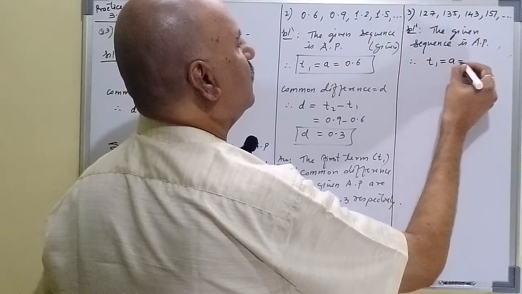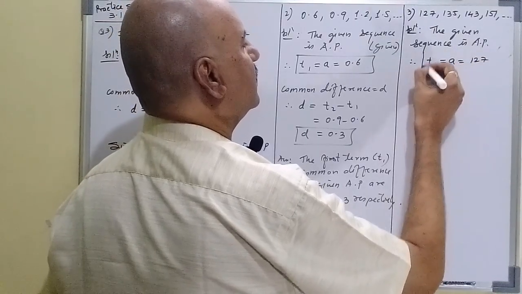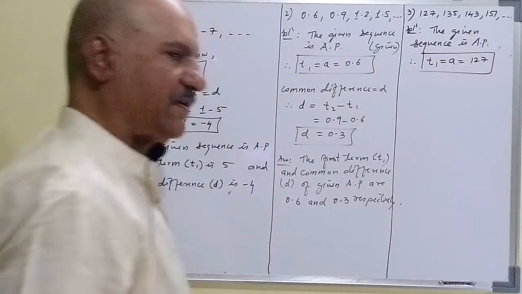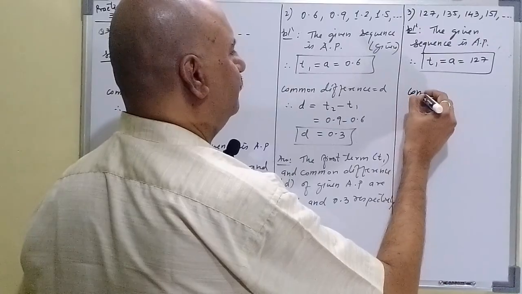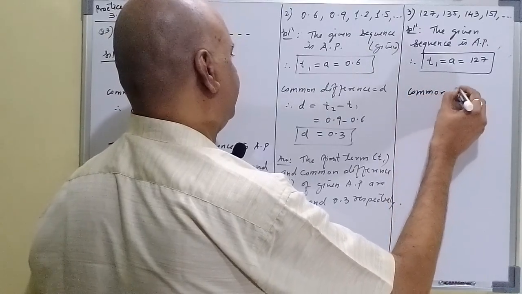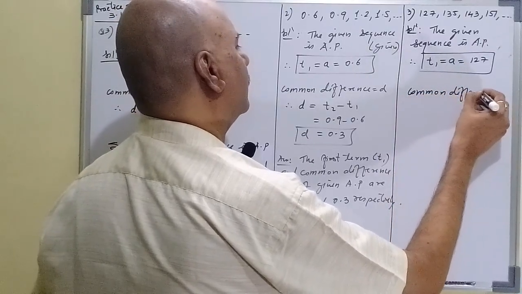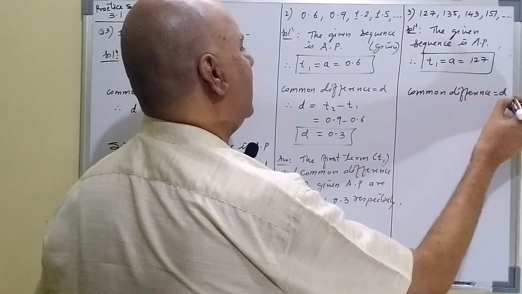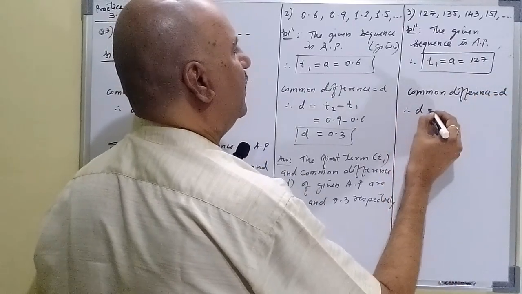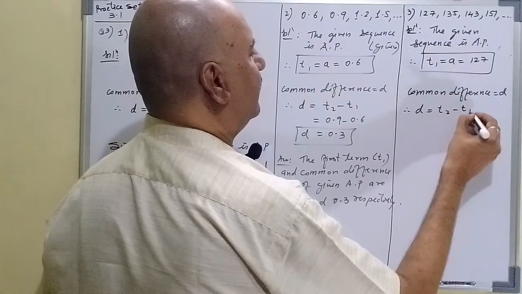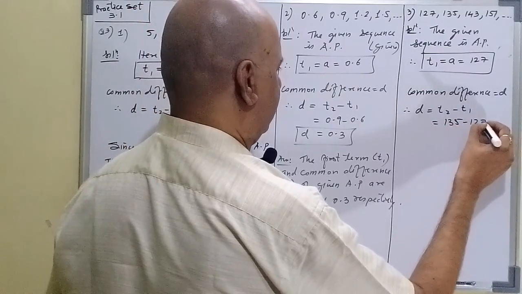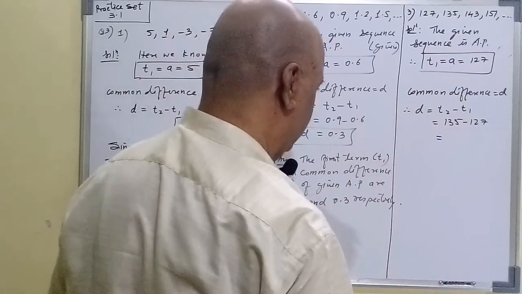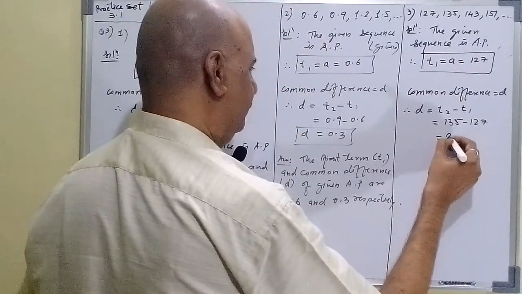T1 इक्वल टू A इक्वल टू 127. पहला टर्म तो मिल गया. कॉमन डिफरेंस निकालो. कॉमन डिफरेंस क्या है? D. Therefore D क्या है? T2 माइनस T1. T2 कितना है? 135 माइनस 127. 8.